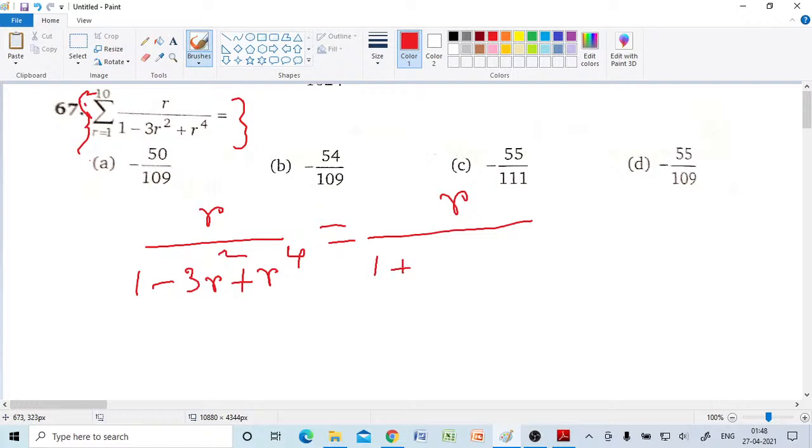Oftentimes a fraction contains such identities which are pretty difficult to factorize, but here it is pretty easy to factorize, as we can see. We can just set the things like this.